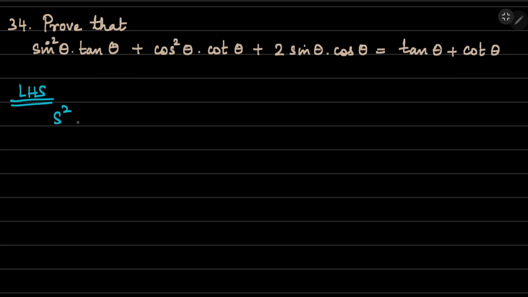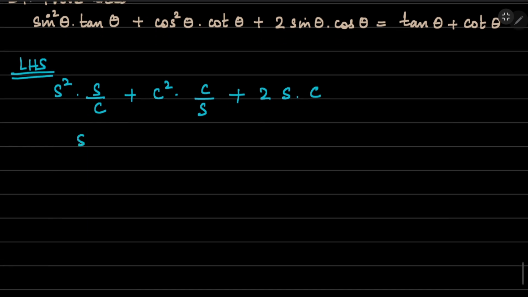So you have sine square multiplied by sine by cos plus cos square multiplied by cos by sine plus 2 into sine theta into cos theta. So this is nothing but sine cube by cos plus cos cube by sine plus 2 sine cos. Take the LCM.